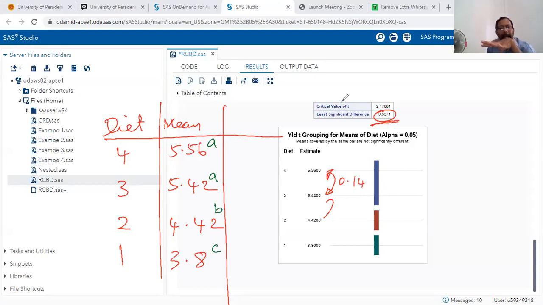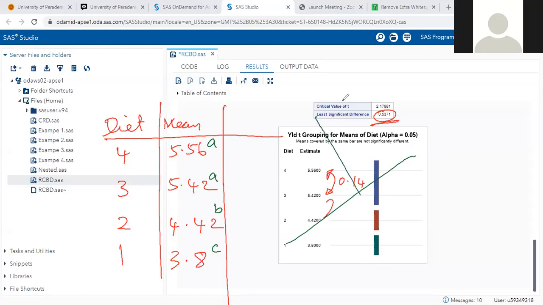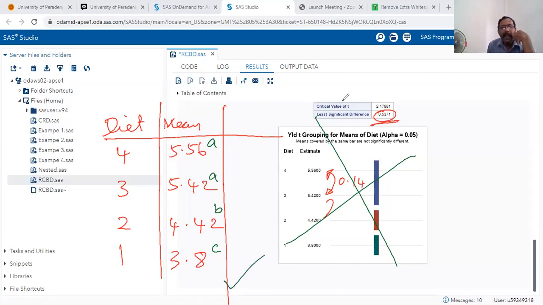So once you mark it like this, we don't reproduce the whole table in the book or the thesis. We produce the mean values with letters, because we need the mean value. Everybody knows that if you have the same letter in two treatments, there is no difference between those two treatments or diets.